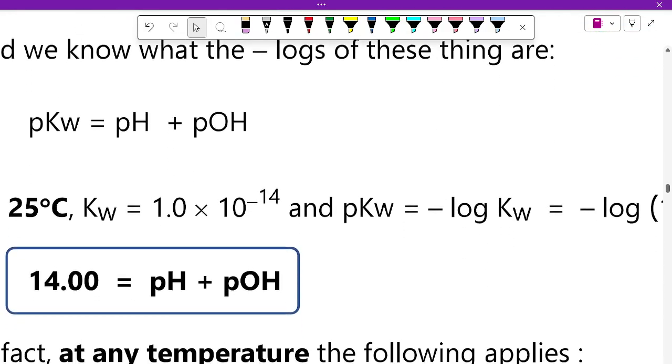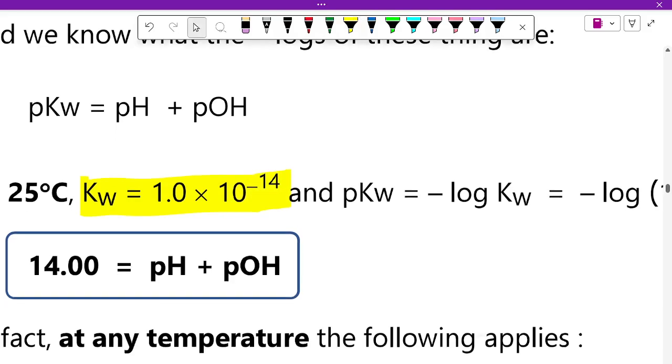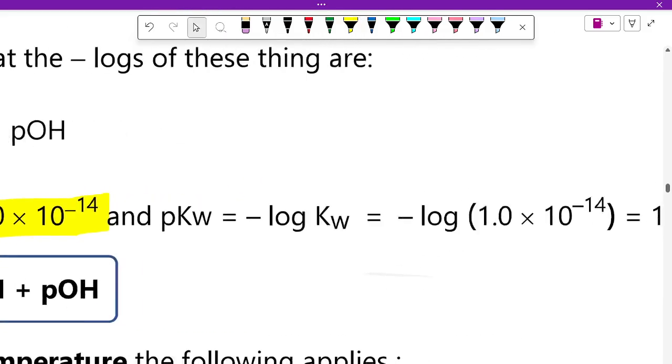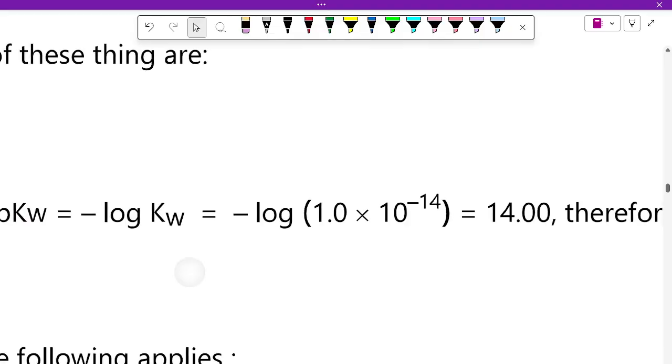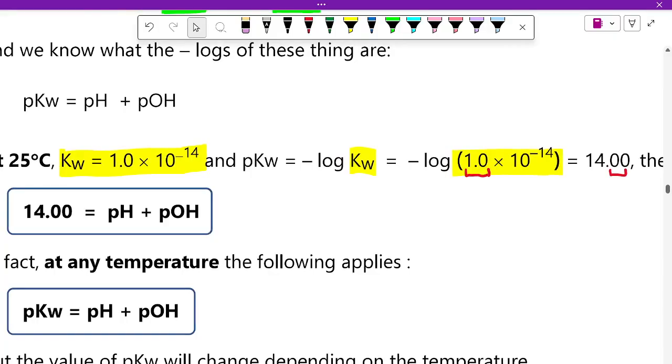It is the negative log of Kw, and Kw is 1 times 10 to the negative 14. pKw is the negative log of 1 times 10 to the negative 14, and so we get 14.00. So 14.00 pKw is equal to pH plus pOH.